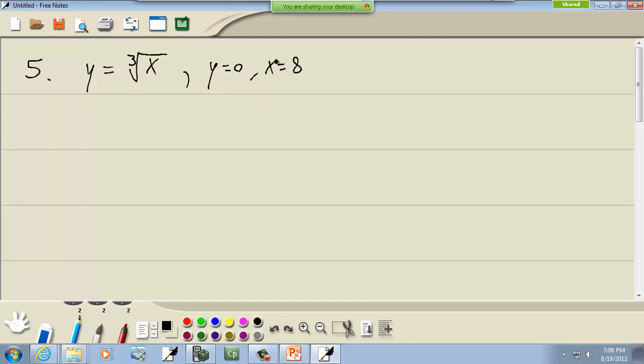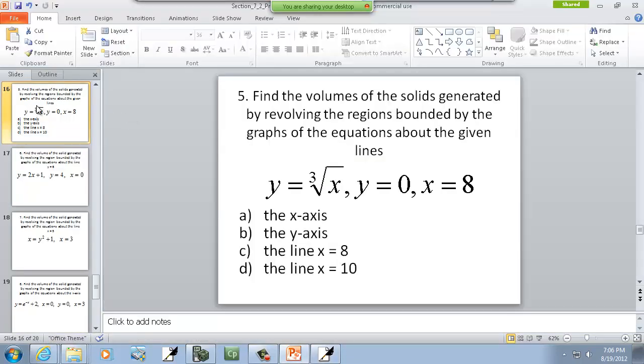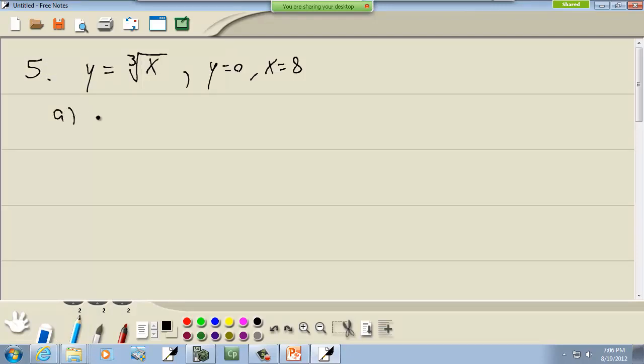And x is equal to 8. And the first one says about the x-axis. Well, about the x-axis, our formula was volume is equal to pi, integral from a to b, and y is equal to the cube root of x.